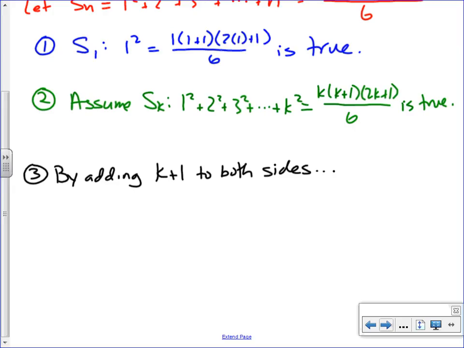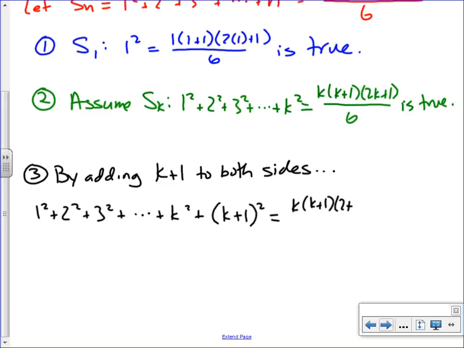You would have 1 squared plus 2 squared plus 3 squared plus dot dot dot plus k squared plus (k plus 1) squared is equal to k(k plus 1)(2k plus 1) all over 6 plus (k plus 1) squared.